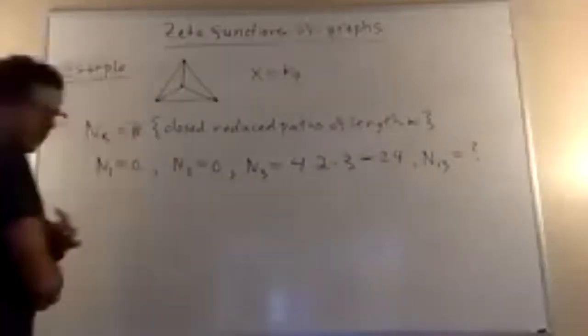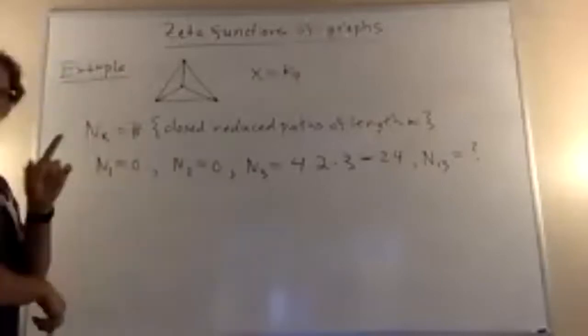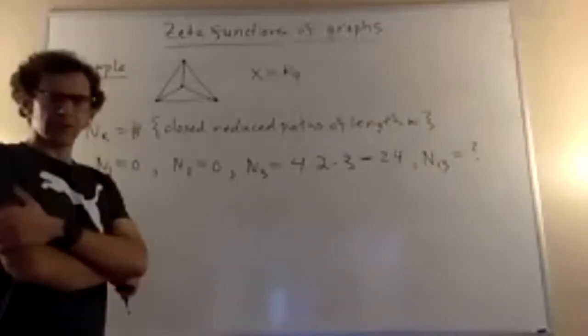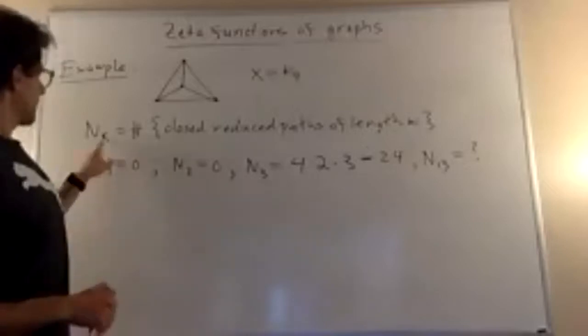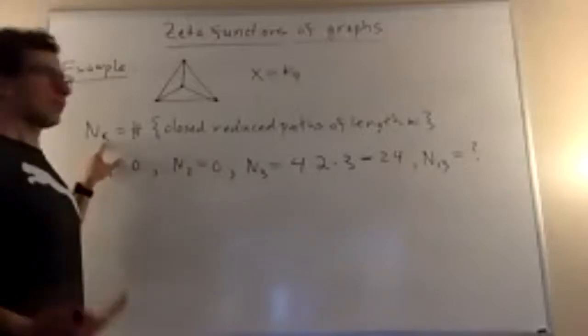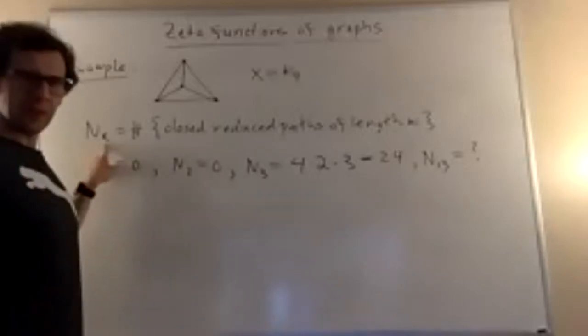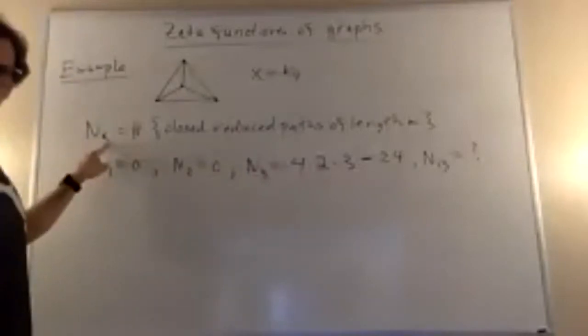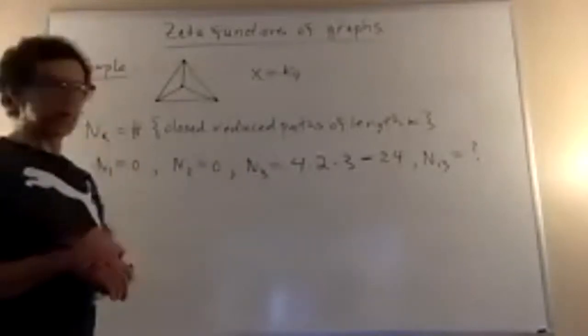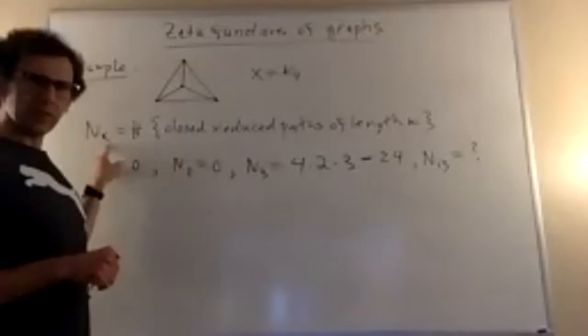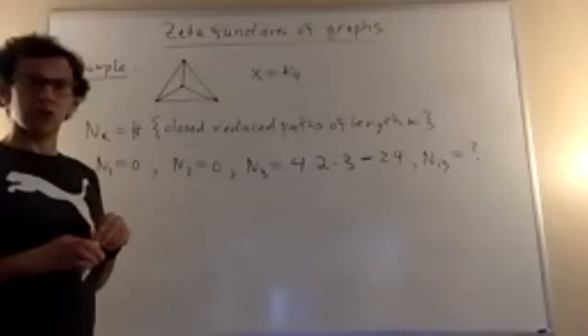If there's one thing that I want you to take out of this lecture and remember, it's that if you have a problem for counting something, an enumerative problem that depends on a certain index, then instead of finding a formula for this index, you want to find what's called a generating function.